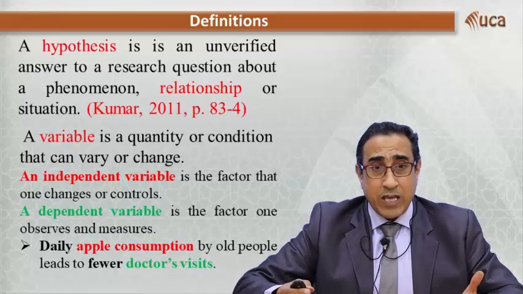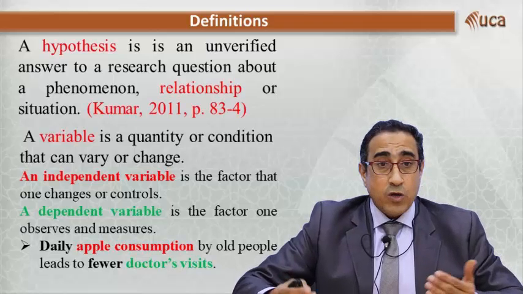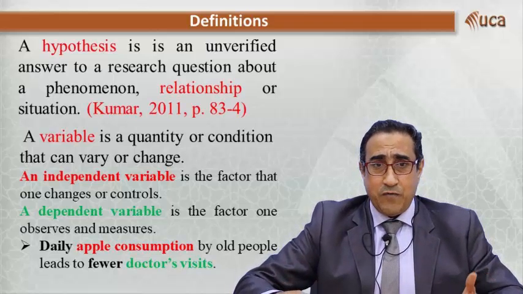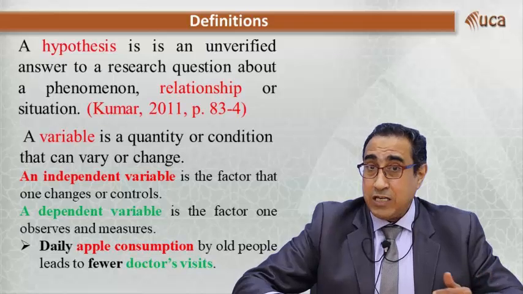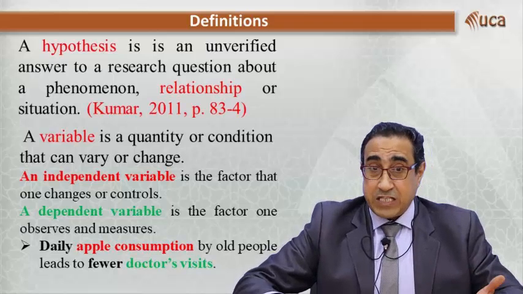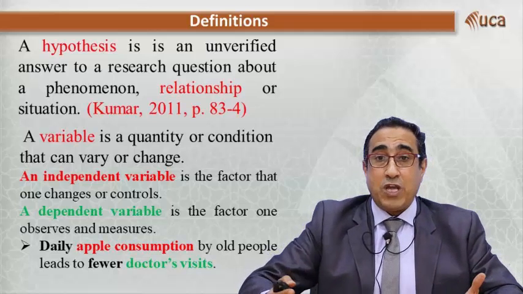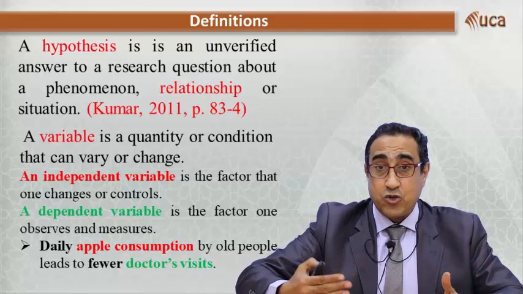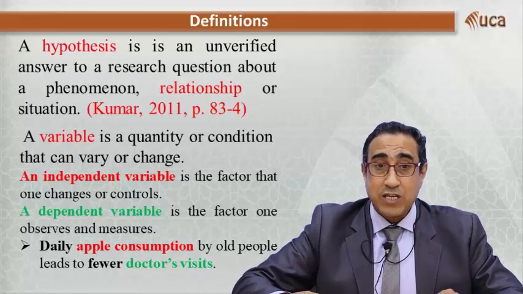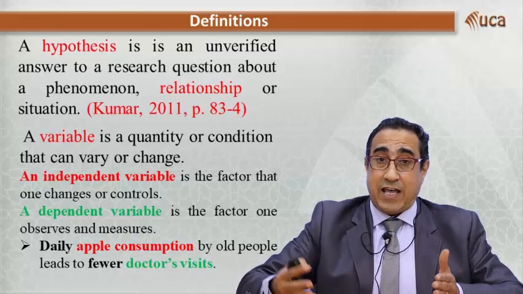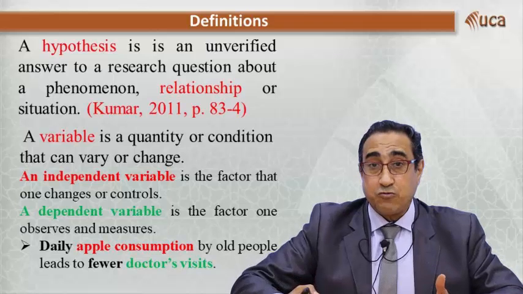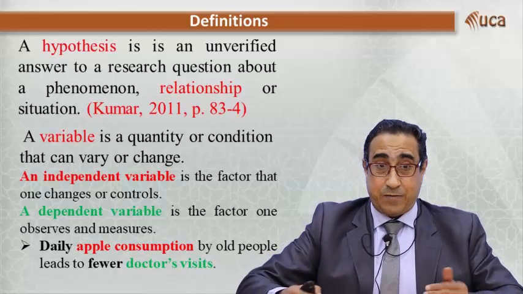Relationship between variables. So what is a variable? A variable is a quantity, it can be numbers, statistics, or a condition, a situation that can change or vary. That's why it is called variable. So these are elements, parts of the situation to be studied.